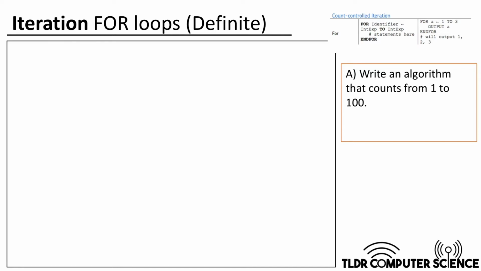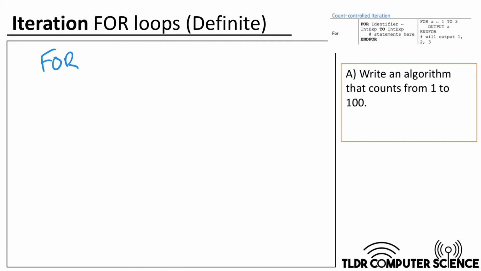And the type of loop we want to use when we know how many times it wants to loop is a for loop. So I'm going to write in the type of loop it is, which is a for loop. The next thing we want to do is use a variable to count for us.